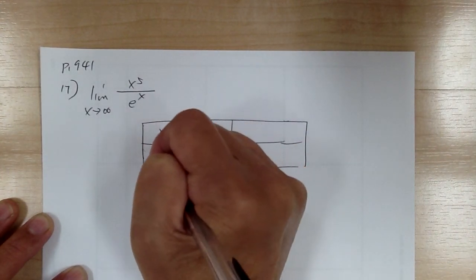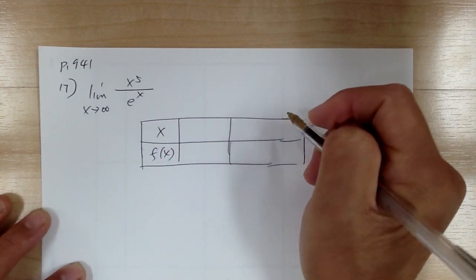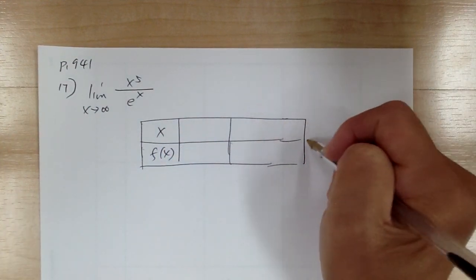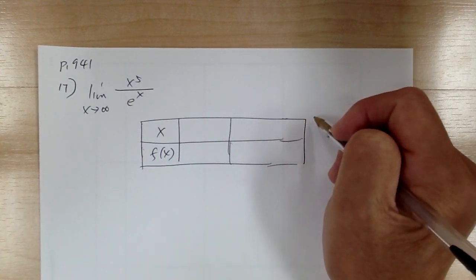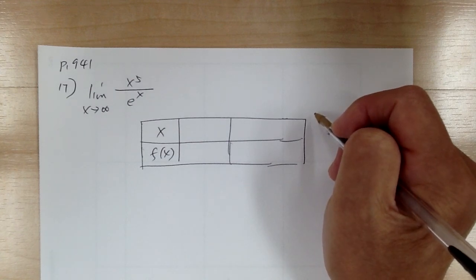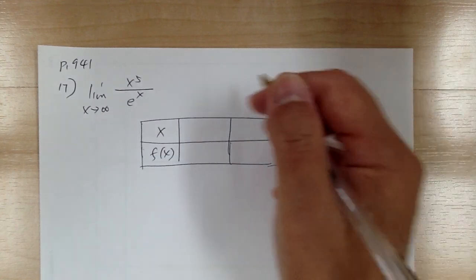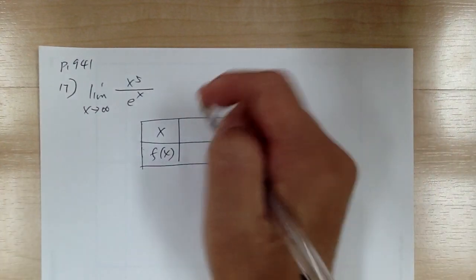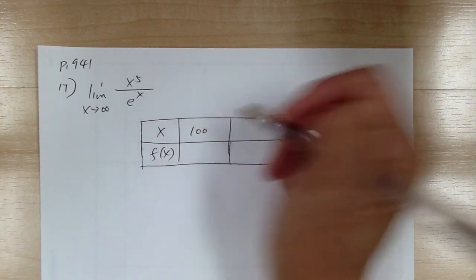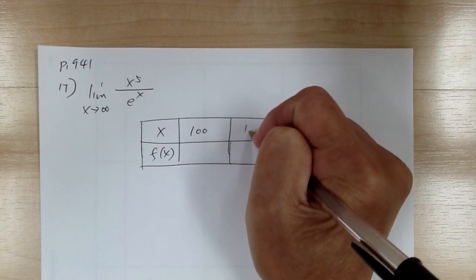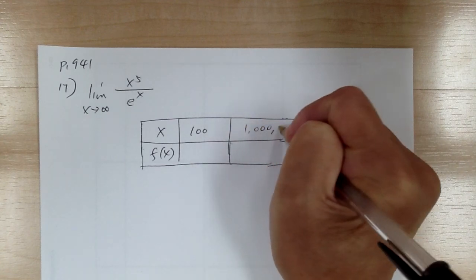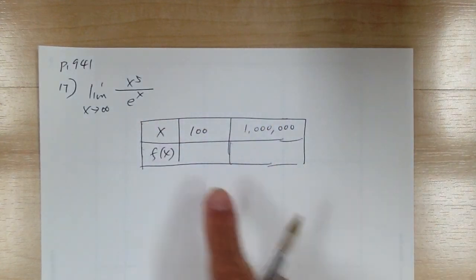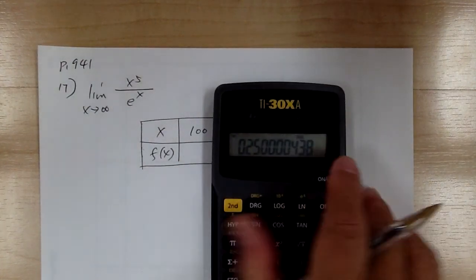You have x and f of x. Again, because it approaches infinity, you want to use a big number, so maybe 100. Again, I'm going to use 1 million, because you just want to get some kind of comparison.